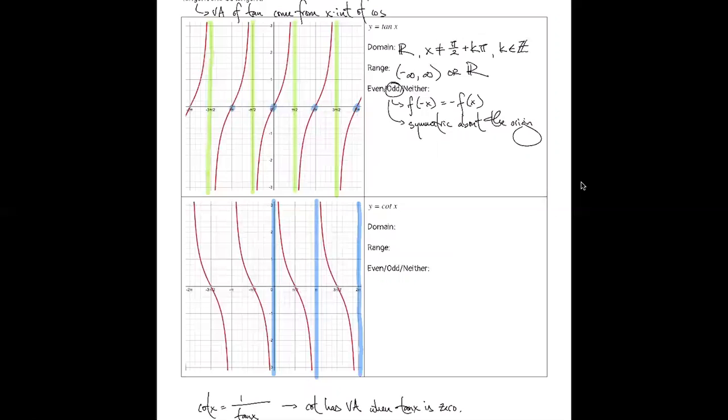And all these zeros of tangent will be the vertical asymptotes of cotangent, all right? And if we took all of the coordinates from tangent and found their reciprocals, we would get a graph that looks like cotangent, okay?